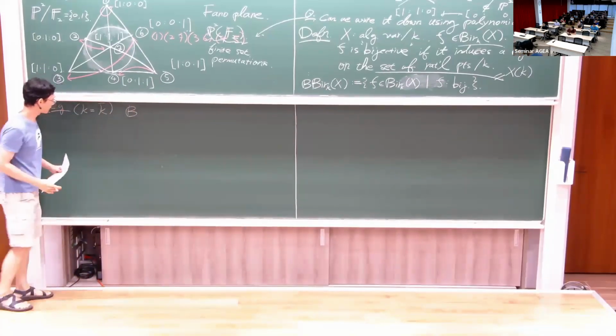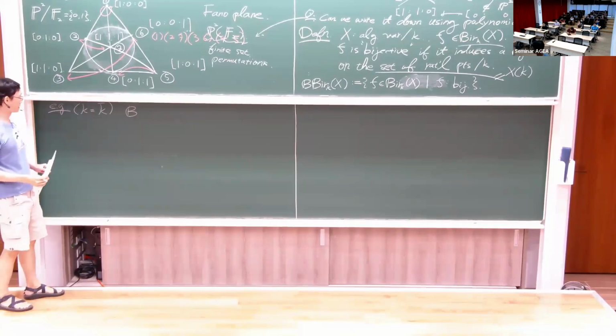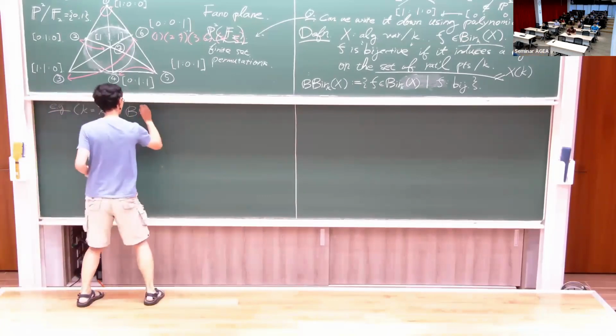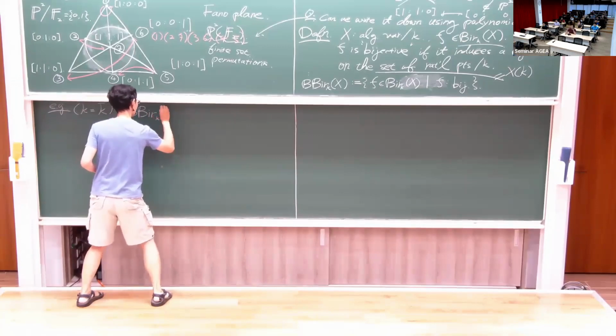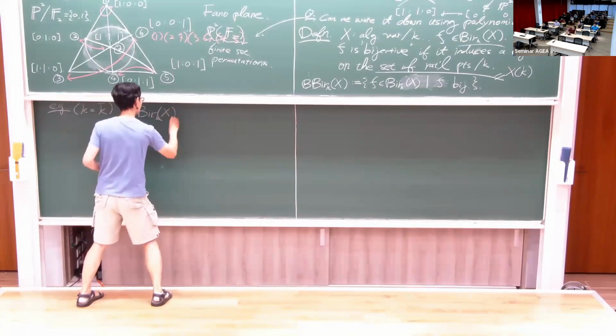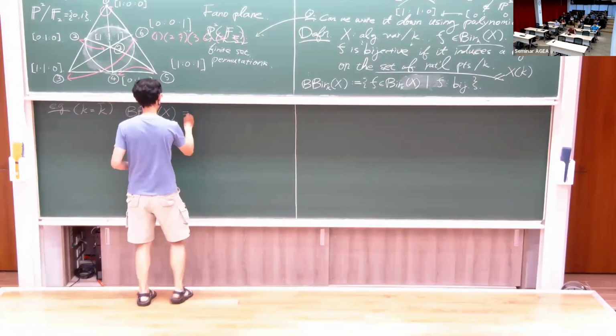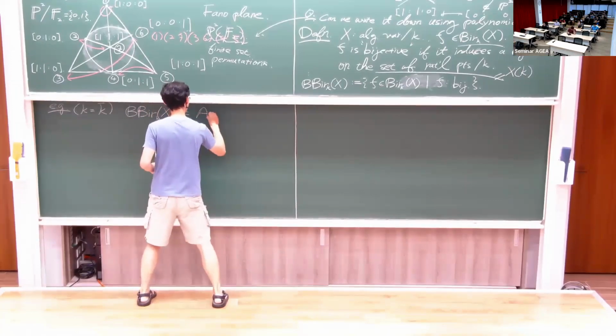Okay, so this is just a notation. So for example, if K is algebraically closed, then this subgroup is simply the group of automorphisms.